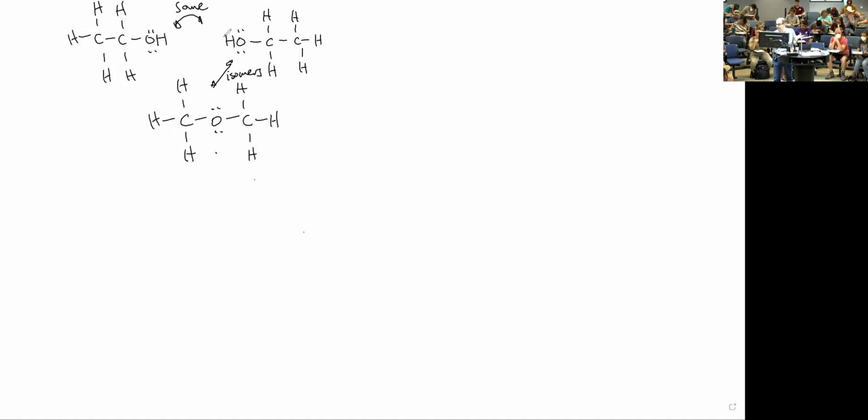I've already made the point that there's almost an infinite variety of different correct ways to draw any given structure. You might have chosen to draw it like this. Same thing. So those two are now the same thing, same molecule, just drawn in a different way.